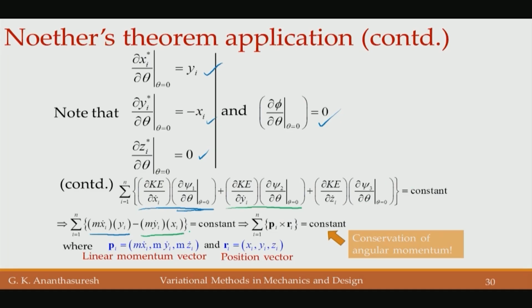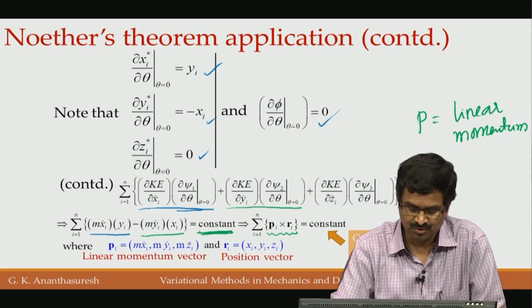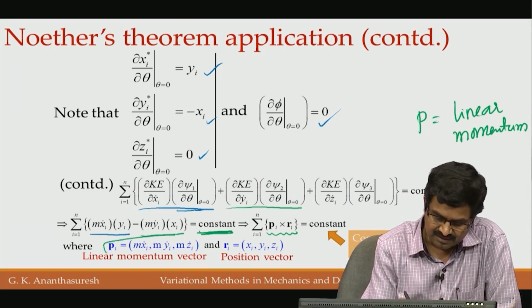We get this equal to a constant, that is what Noether's theorem says. But now if you look at it, m xi dot times yi minus m yi dot times xi is nothing but p cross r, where p is the linear momentum vector. We are talking about particles moving in 3 dimensions. So, linear momentum is basically mass times velocity, mv, but now v is a vector because it is 3 dimensions. That is given by this thing over there.